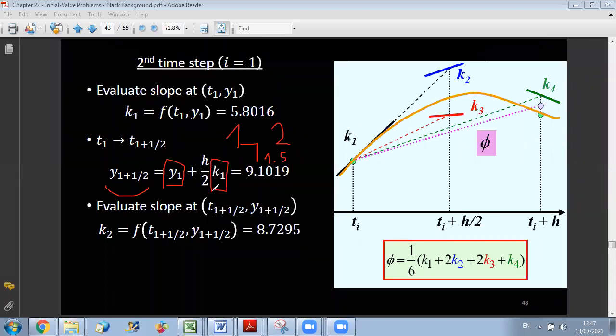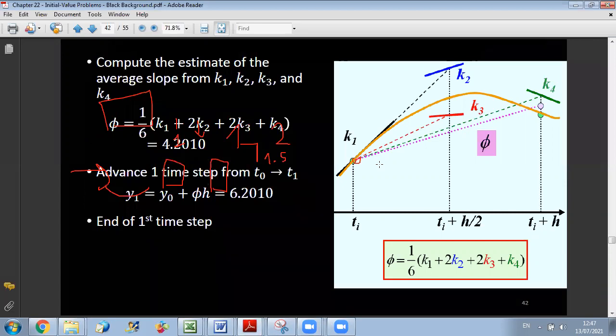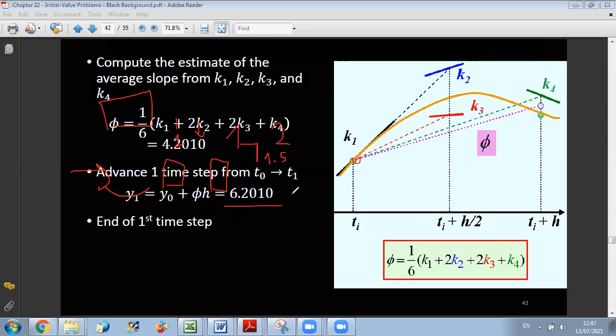K1 now is the slope at y1. So before being able to do this step, I should calculate k1, which is just f of t1, y1. T1 is 1. Y1 is the value I obtained at the end of the first step. So this is the y1 that I will use, 6.2012.